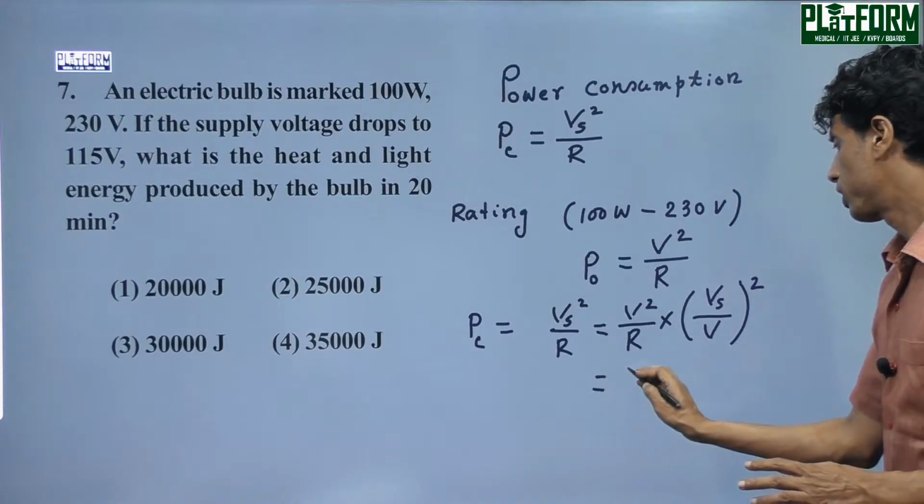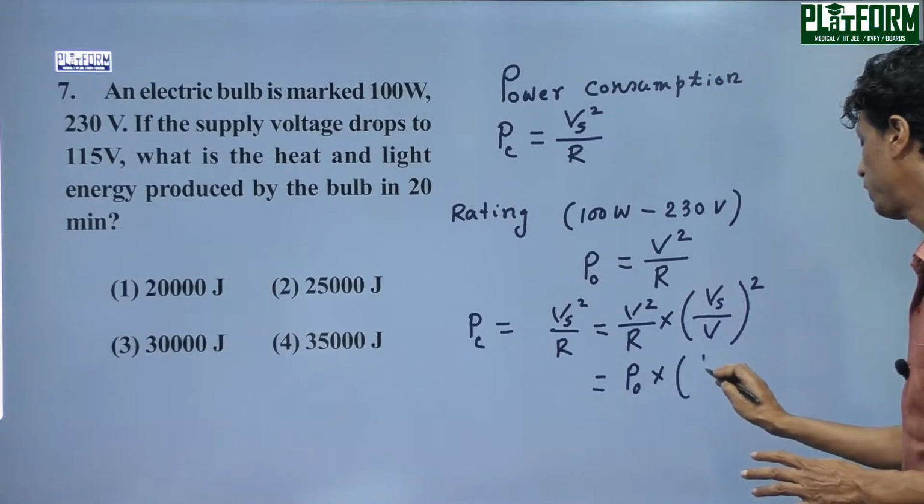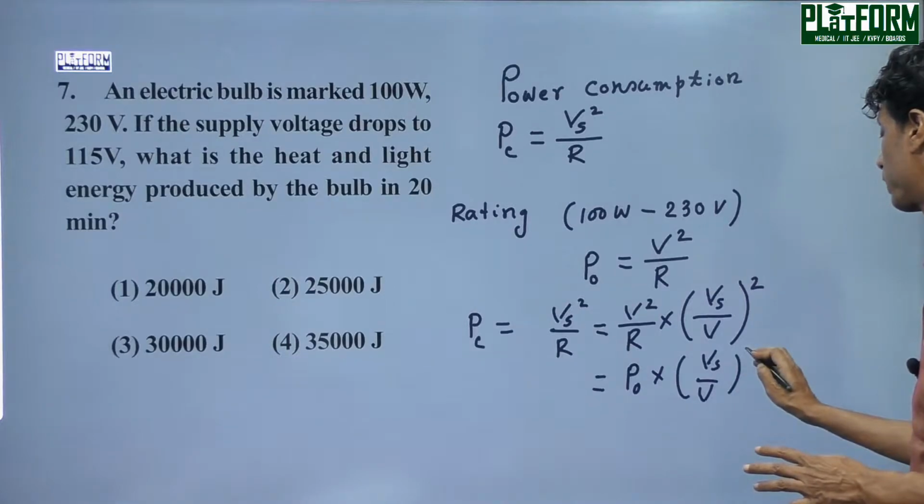So the power consumption is P naught into Vs by V whole square.